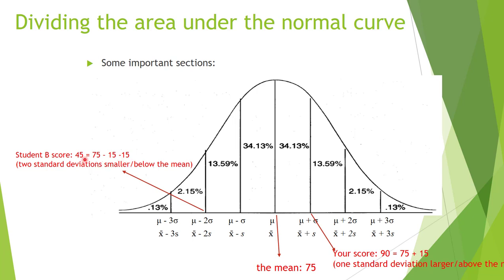So that will be 75 minus 2 standard deviations. So it's fair for me to say student B has a score 2 standard deviations smaller than the mean. If I represent this using a formula, it will be mu minus 2 standard deviations. For yours, it will be mu plus 1 standard deviation.